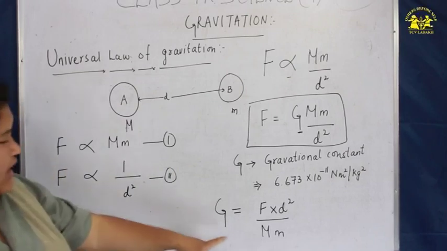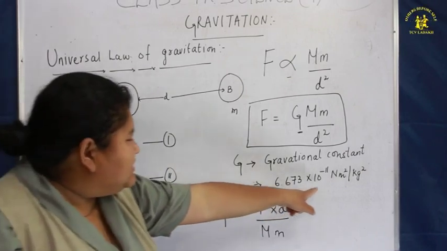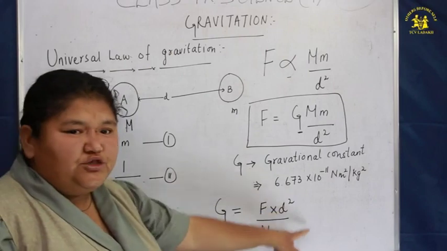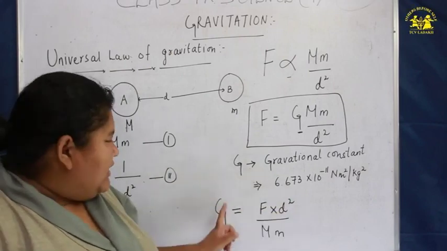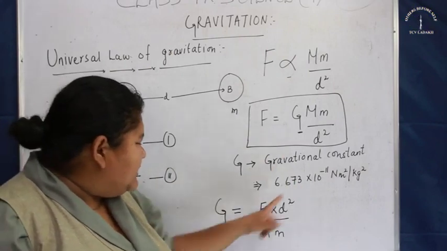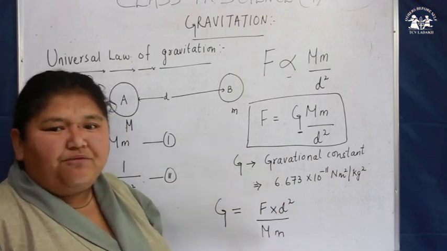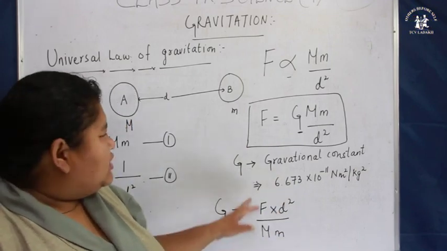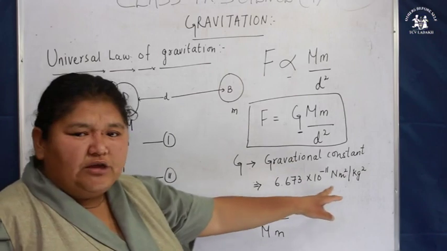So this is how we find the value of the gravitational constant, by applying this formula.